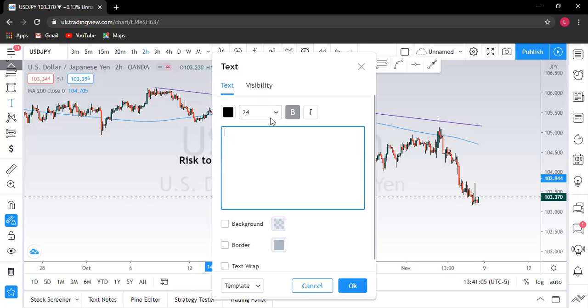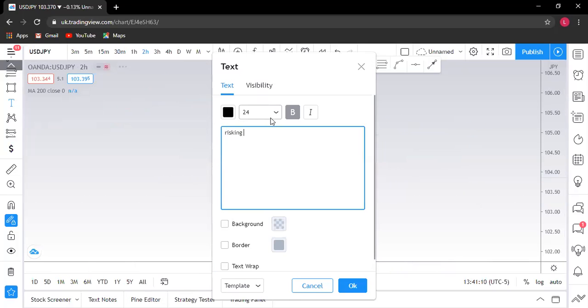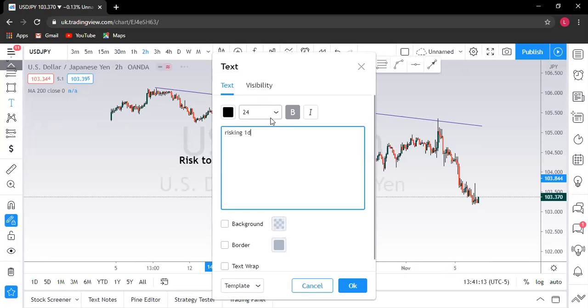Let's say for instance we are risking $1 to make $5.